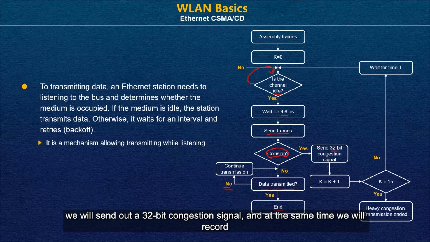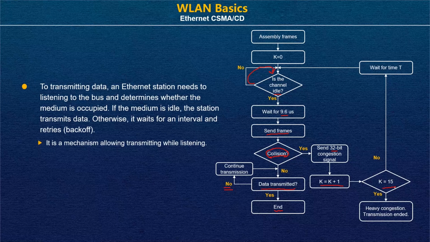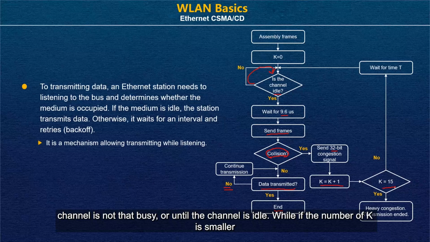And at the same time, we will record how many times we have caused collisions. If the number is greater than 15, it means the congestion is heavy, and we will end the transmission until the channel is not that busy or until the channel is idle.